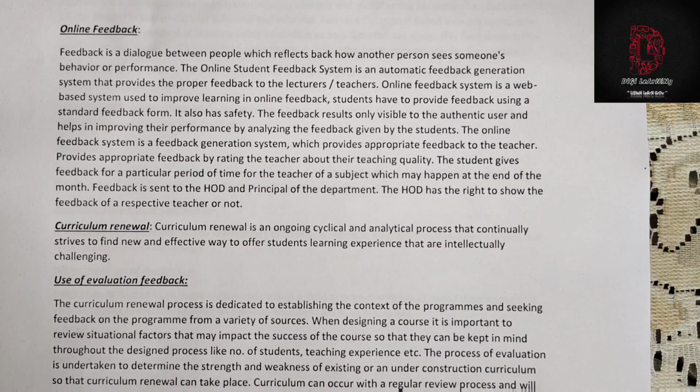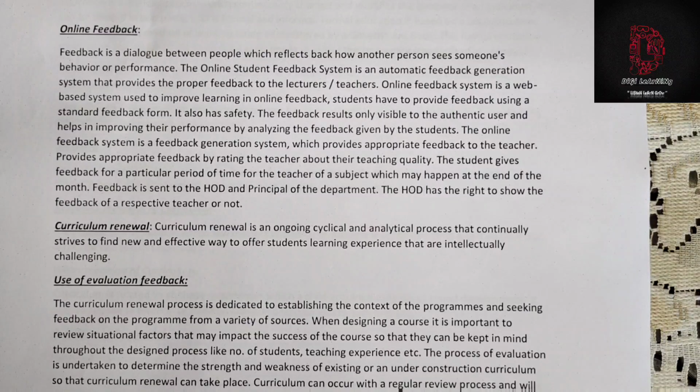Online feedback system is a web-based system used to improve learning. In online feedback, students have to provide feedback using a standard feedback form. It also has safety. The feedback results are only visible to the authentic user and help in improving their performance by analyzing the feedback given by the students.